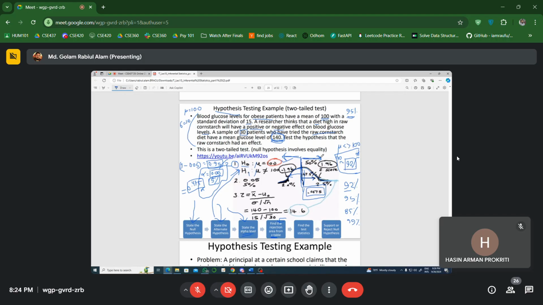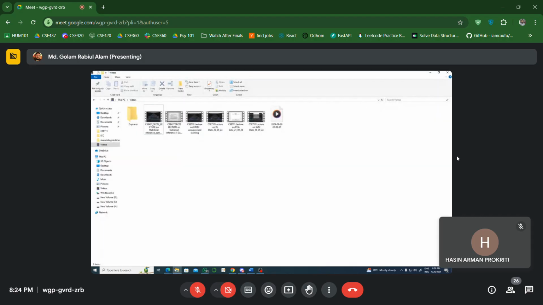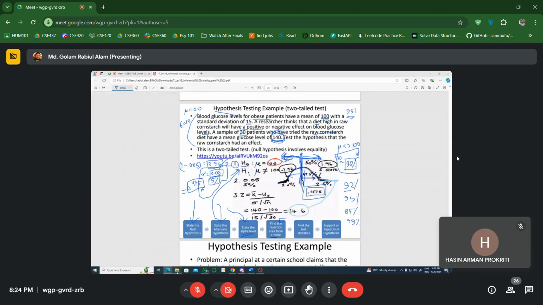So this is the greater than side, and this is the less than side. Less than the mean, greater than the mean. Here is our mean value. This side will be greater than, and this side will be less than. So this is a two-tailed test. Therefore, we have to use the two-tailed Z table.